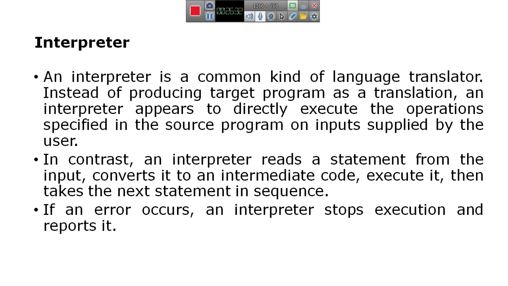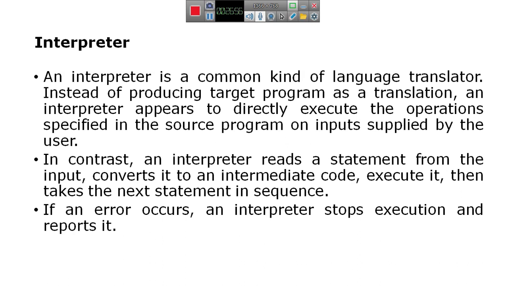It converts or translates high level programming language instructions into low level or machine code directly, line by line.